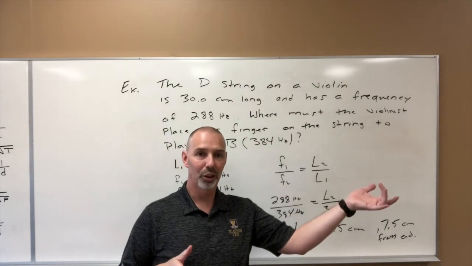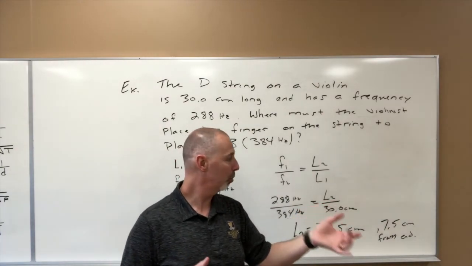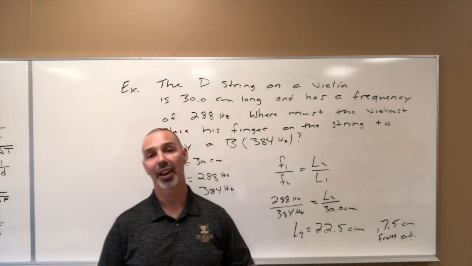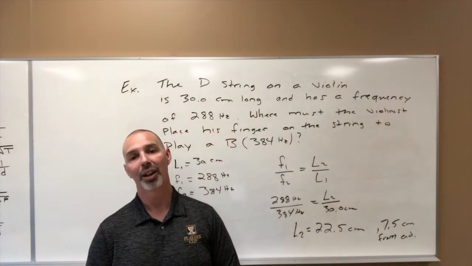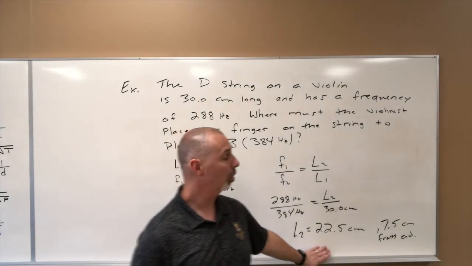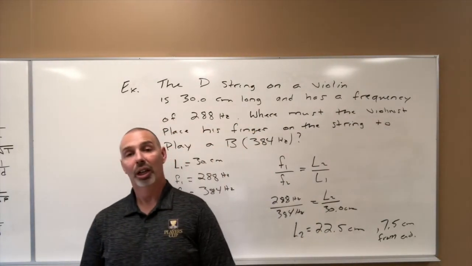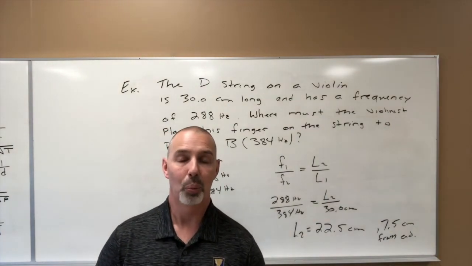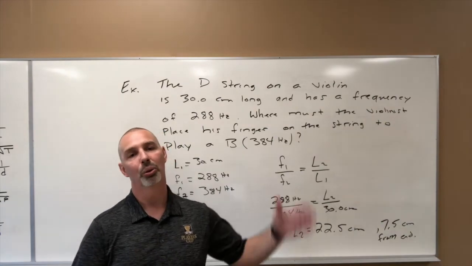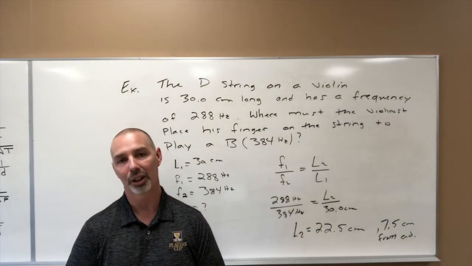If you were moving your finger in from the end, you'd have to move your finger in 7.5 centimeters from the end of the violin. All right, that would then create a string length of 22.5 centimeters. I would accept either answer in terms of where you would have to place your fingers. 22.5 centimeters from one end, or 7.5 centimeters from the other end.